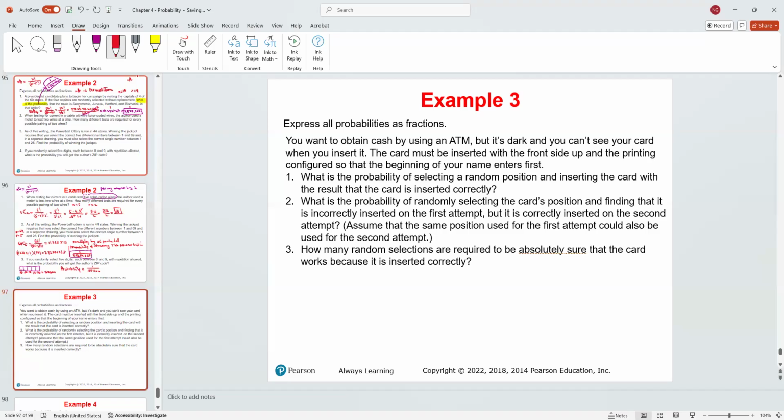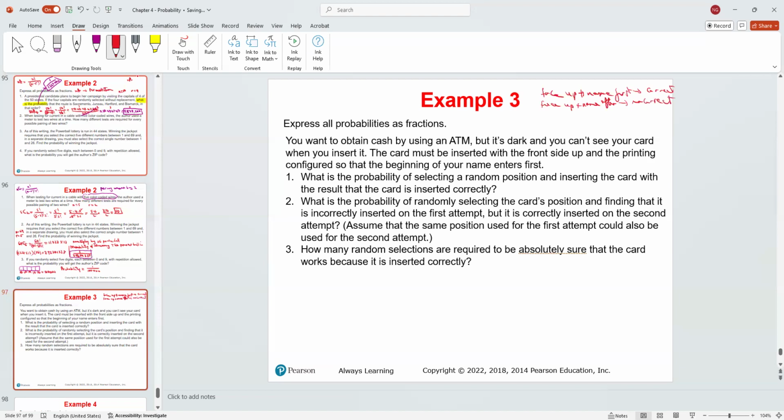If you enter the card face up with the first name entered first, that's the first possibility, and it's correct. Face up with the name after is incorrect.